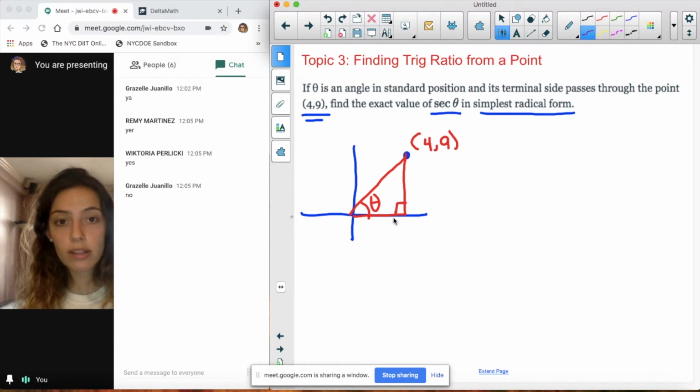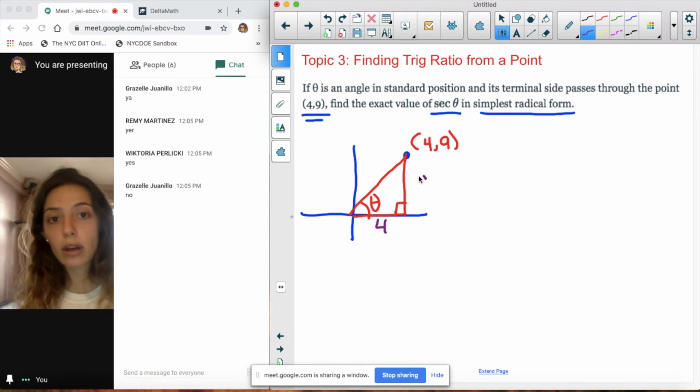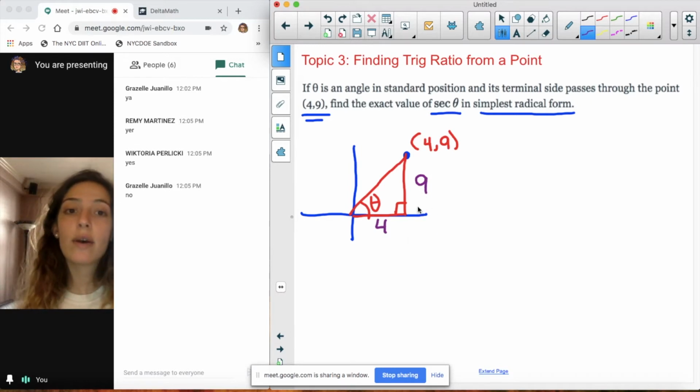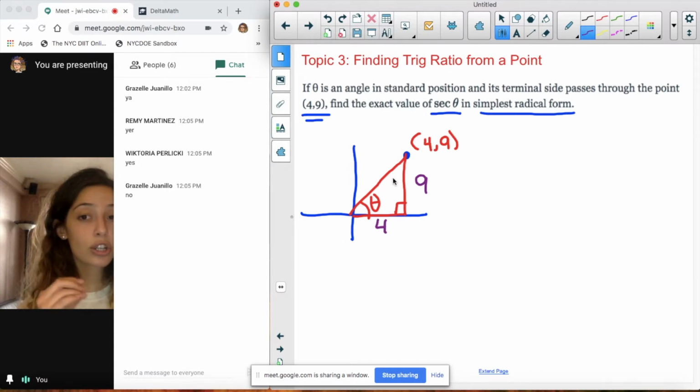So our horizontal distance, that's our x value, so x is 4. Our vertical distance, that's our y value, y is 9. Now in this case, both of them were positive, so it didn't really matter, but if one of your coordinates were negative, on your triangle, you can't have a negative distance. So all of them have to be positive.